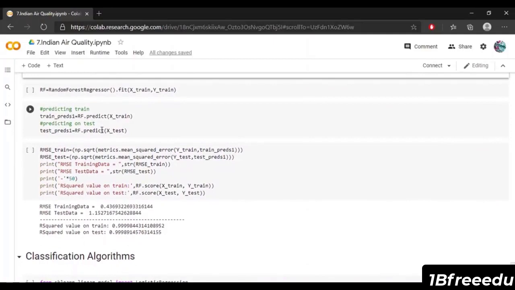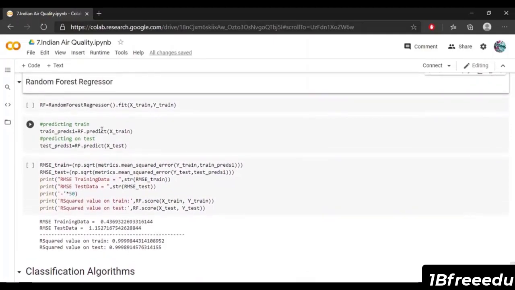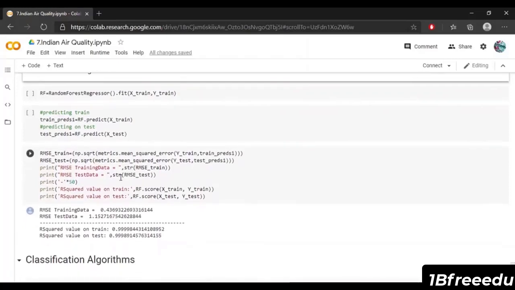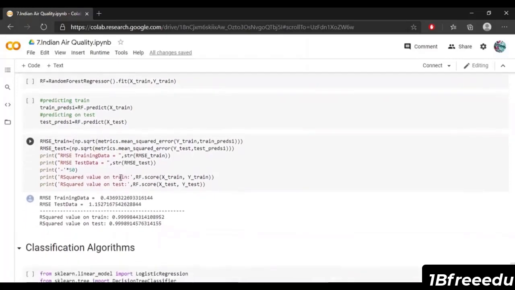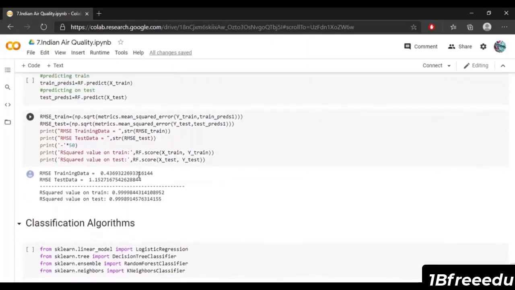And the random forest algorithm, again, can be used for both classification as well as regression problems. Here we can see that we have evaluated this model again with the help of the root mean squared error and the R squared value.